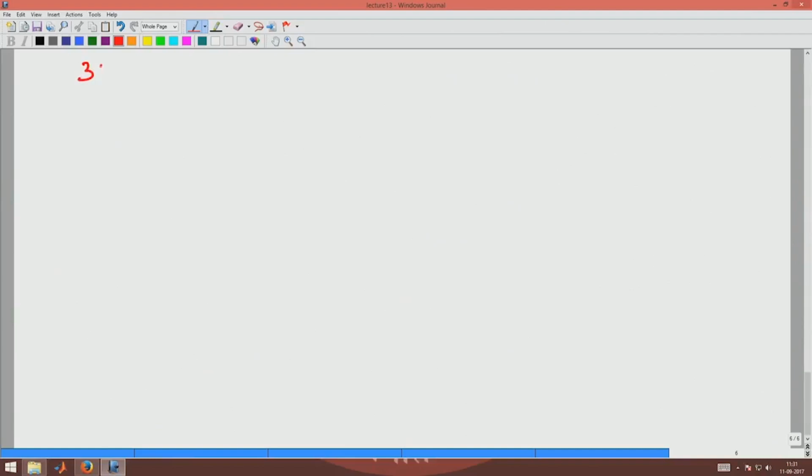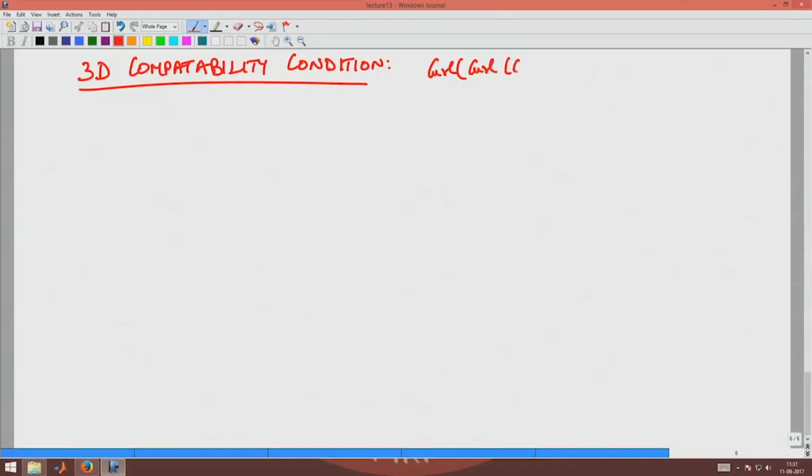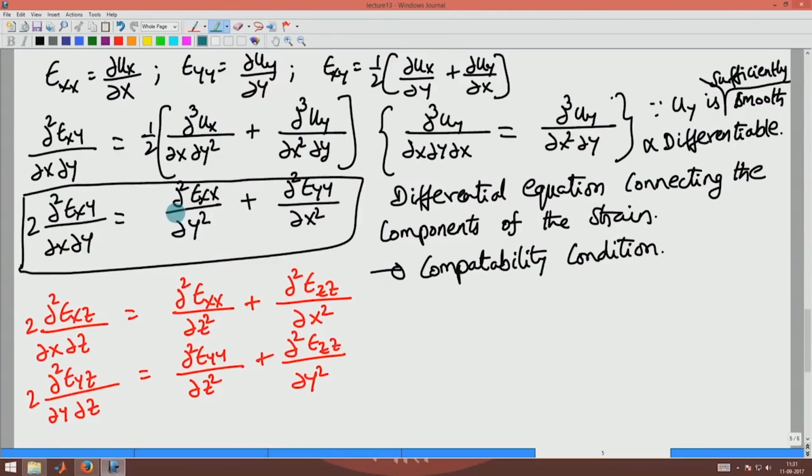It is in general represented as curl of curl of ε being equal to 0, only 6 of them would be independent. Okay. Those 6 are the 3 that are listed here as one set of equations, and the other equations are what I will give now.